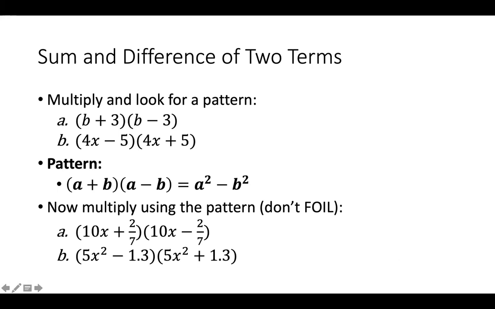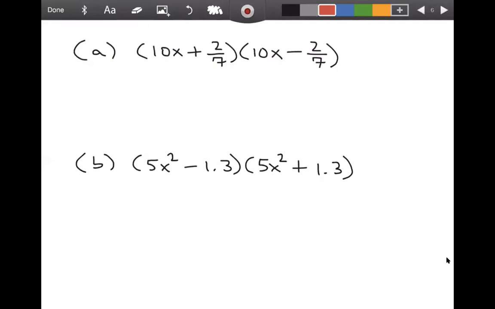These are very easy to do with the pattern. I definitely recommend doing them that way and not with FOIL. First, notice that the two binomials have the same two terms, 10x and 2/7, but one of them is a sum and one of them is a difference. So that means this pattern is going to fit. This is your a plus b, and this is your a minus b.